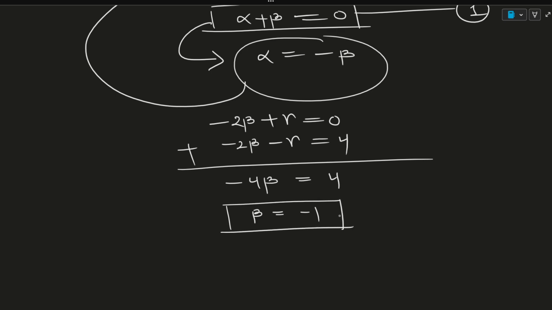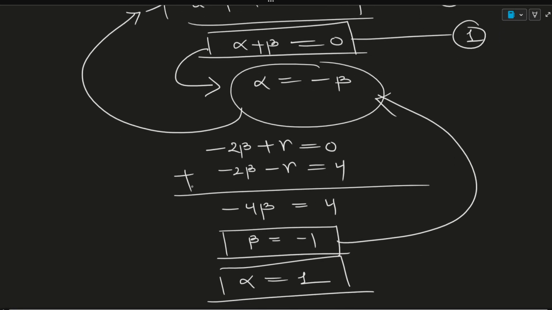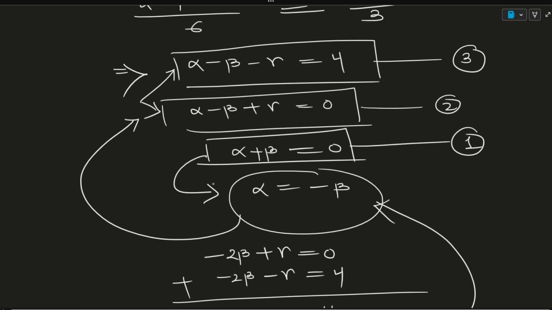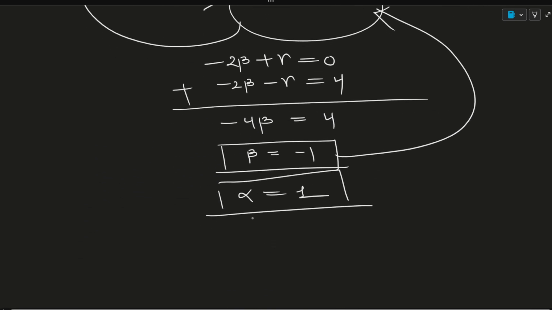As beta equals minus 1, putting it here, alpha is equal to minus beta, so minus of minus 1 will be 1. Now having the values of alpha and beta, putting them in equation 3 or 2, we will get the value of gamma as minus 2.